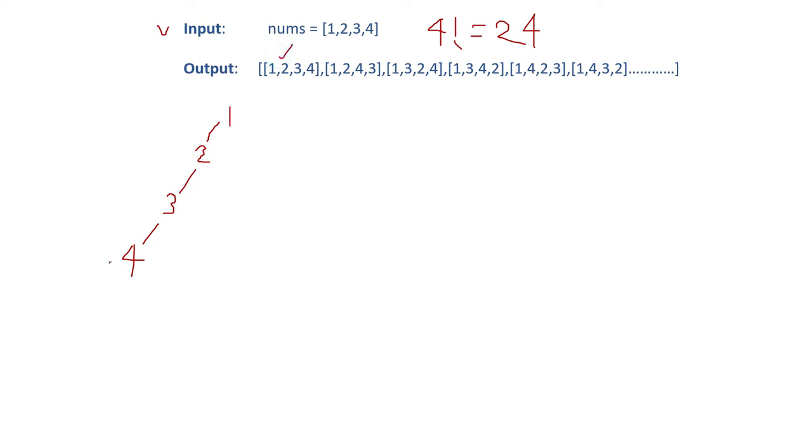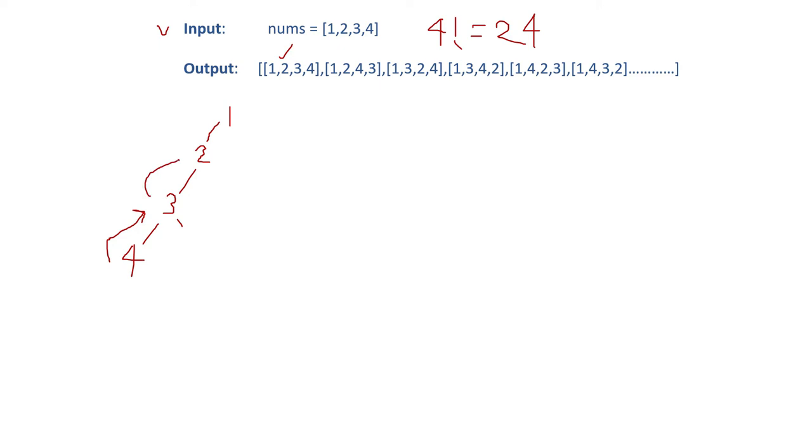Then if we go here and do a backtrack, we can think that maybe from 3, while choosing 4, we can choose some other number. But after fixing the position of 1, 2, 3, we have no other choice rather than 4. So from here we can't create another branch of the tree.